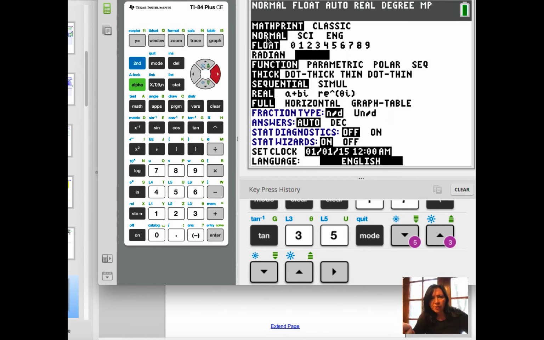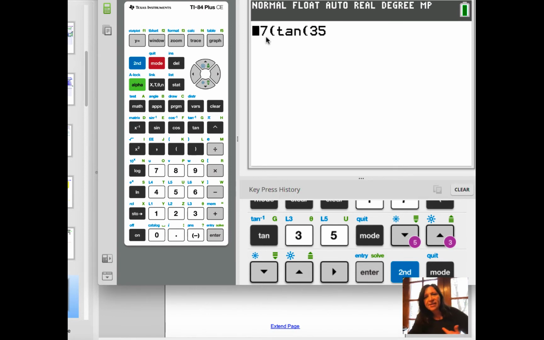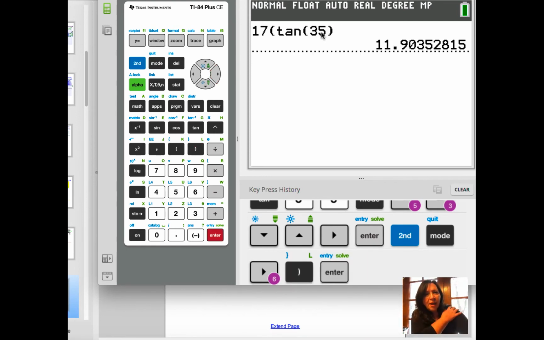Go over to the right, highlight degrees, and then enter, because you've got to be in degrees to solve these. Going back to my question, 17 tangent of 35, I do need to close that parenthesis and hit enter. And so my slope angle is 11.9 degrees.